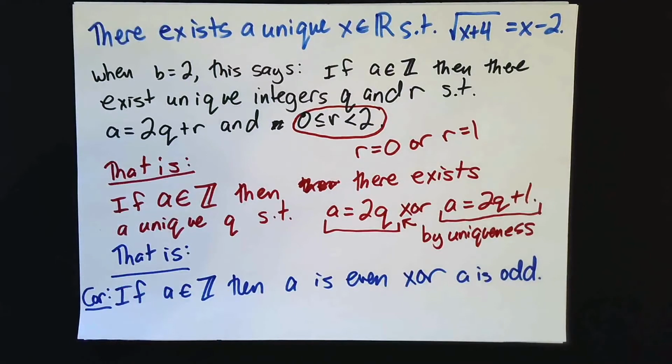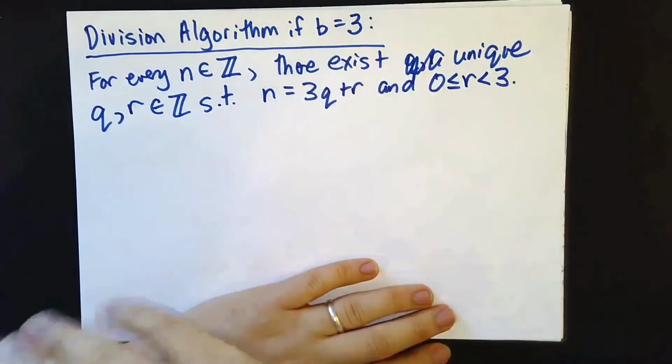Now, most often we're going to be applying the division algorithm for small integers that are bigger than 2. So 3, 4, 5, 6. These things are all fair game. And I want to look through what that looks like, what it tells us, and how we'd apply it in some various proofs. So here's our division algorithm if b is 3.